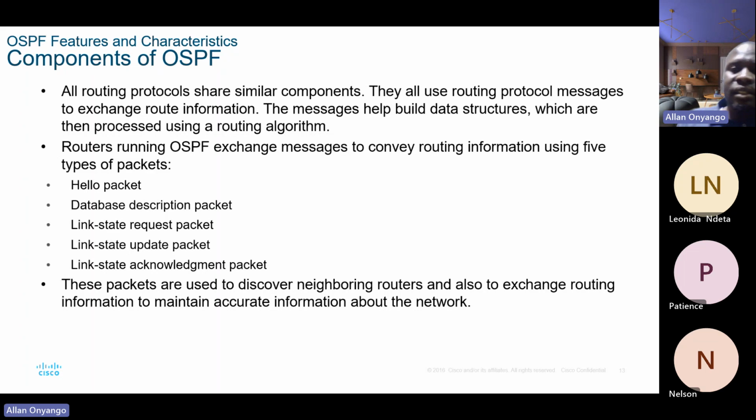Now, some of the messages that are always exchanged between the OSPF routers, we'll talk about five of them for now. The first one is the hello packet.